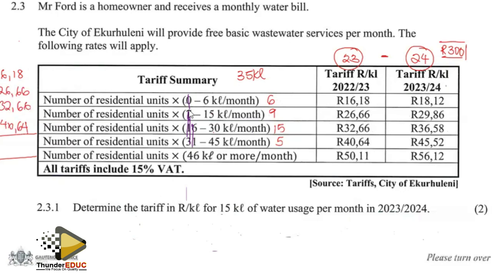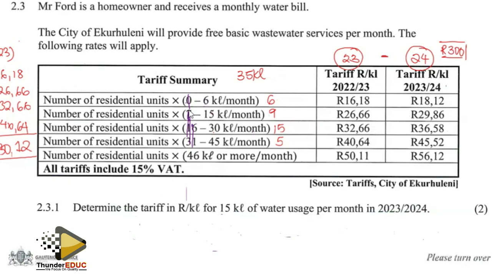So we end up having the answer as 1,030 rands and 12 cents. This is just the money there. And remember, all the tariffs already include VAT. This is for 2023. So now we need to do the same for 2024.